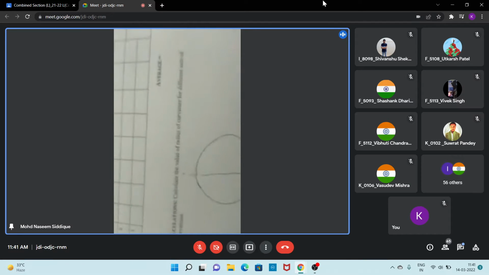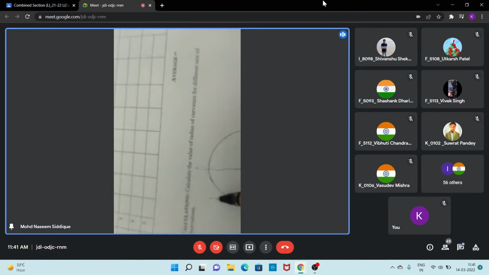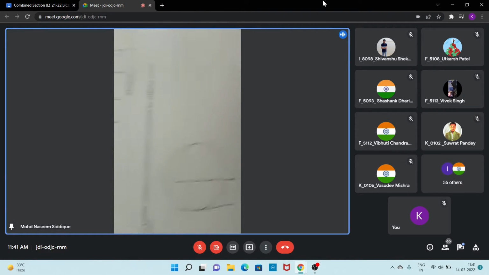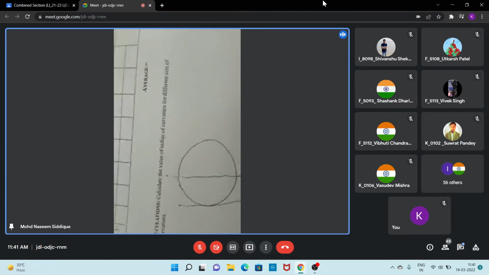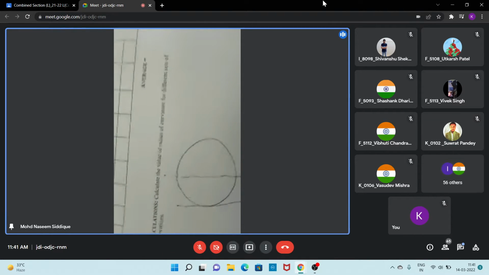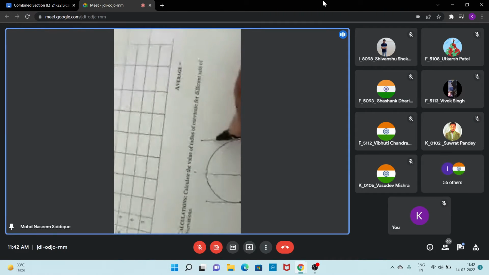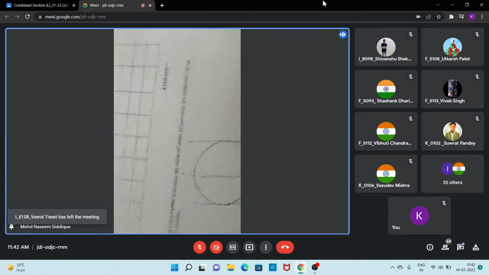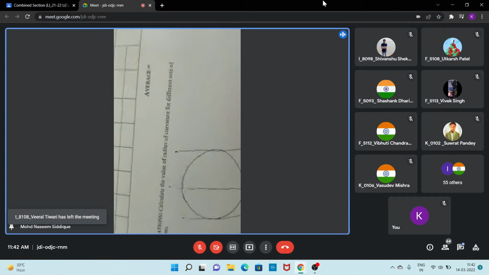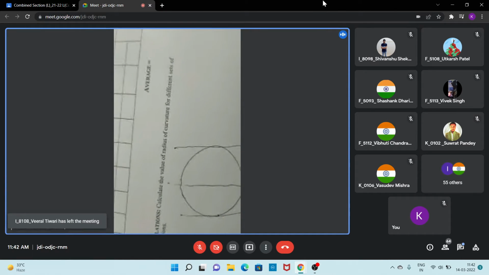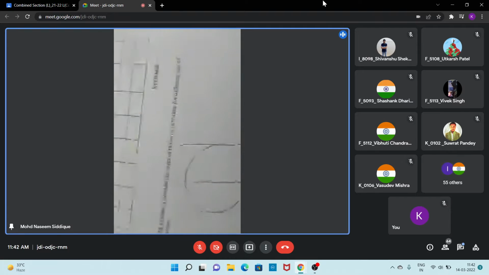First time we will put this cross wire at the left hand side of this ring and note down the reading using the traveling microscope. Second time we will put the cross wire at the right edge of this ring and again note down the reading.